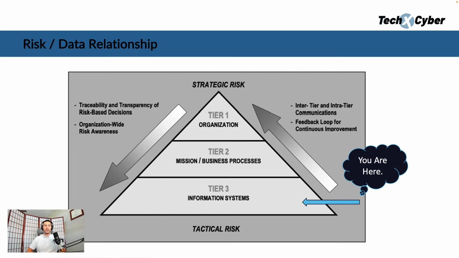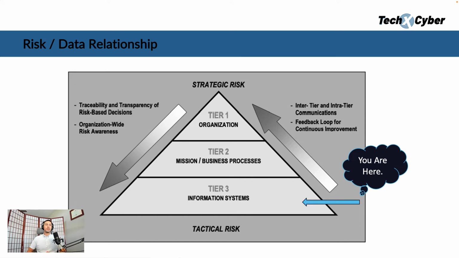You have one from the top going to the bottom, and you have one starting from the bottom and going to the top. In most cases, when we come in and do a risk assessment, we start in Tier 3. We make an inventory of the information systems that are used to support the mission and the business processes and ultimately the organization. And so we can start from the bottom of this chart and work our way up.